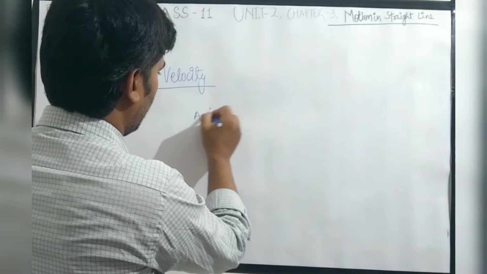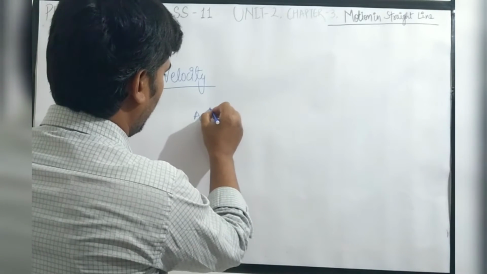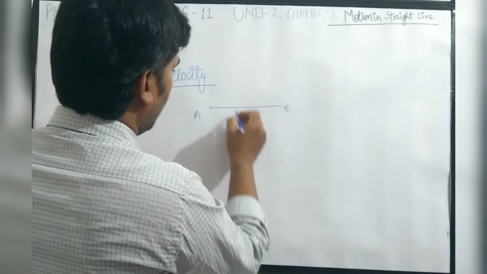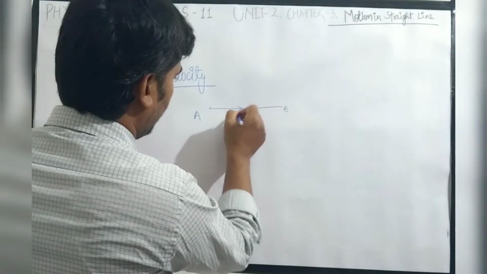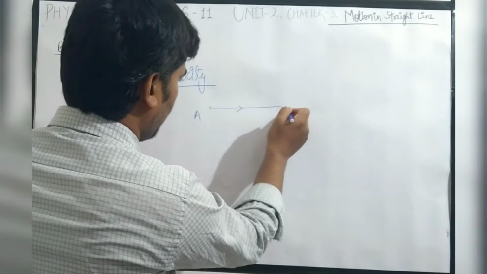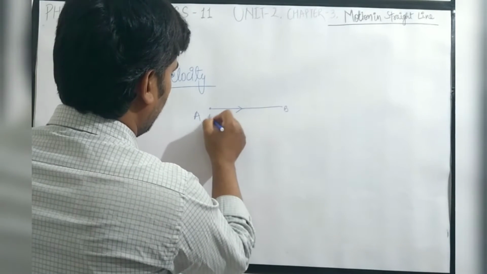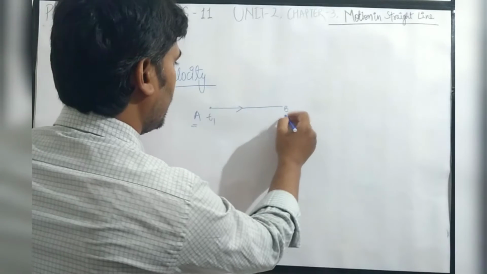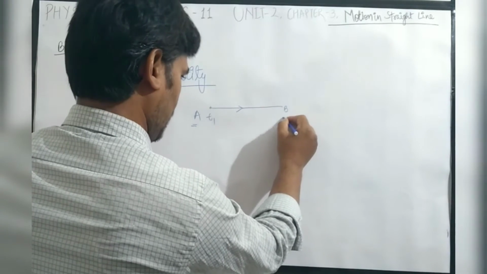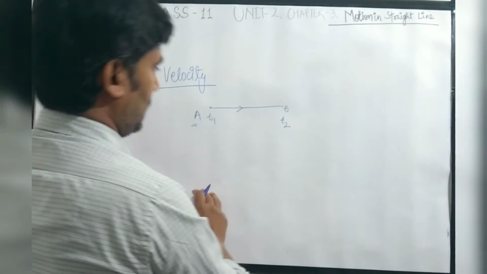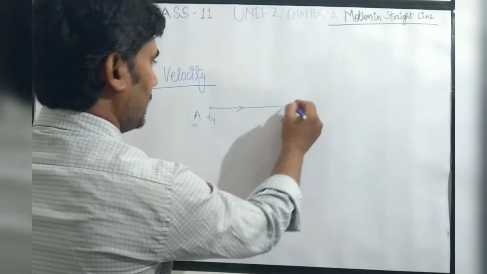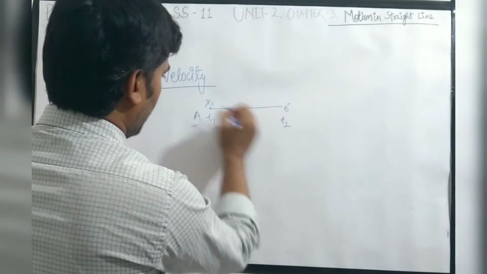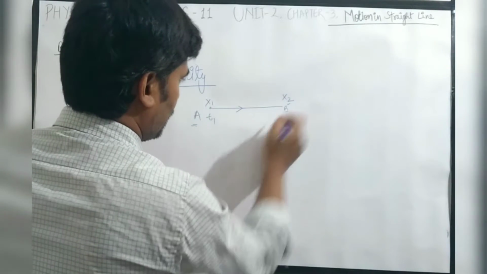Suppose the initial point of a body is A and it travels to point B. It has a definite direction from A to B. At time t1 it was at A, and after traveling time t2 minus t1 it reached point B. The position is x1 here and it reached x2.